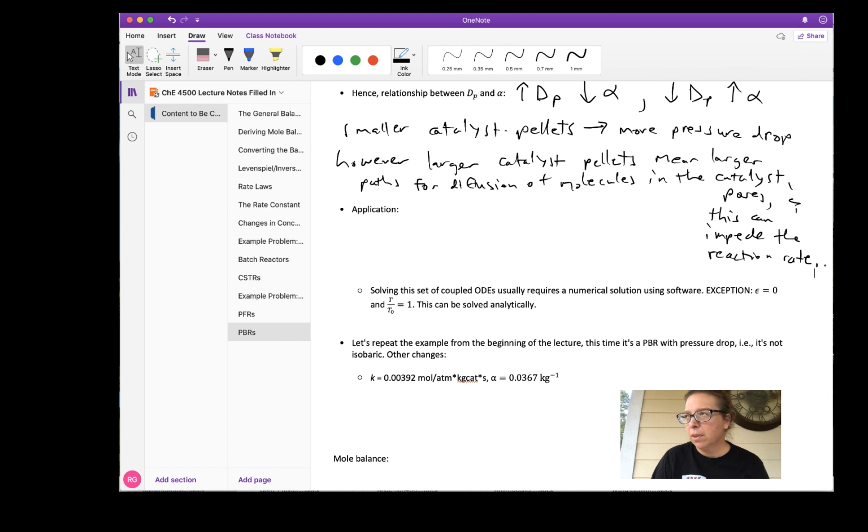Okay, so that is the Ergun equation. So how is this applied? The Ergun equation couples with the mole balance.